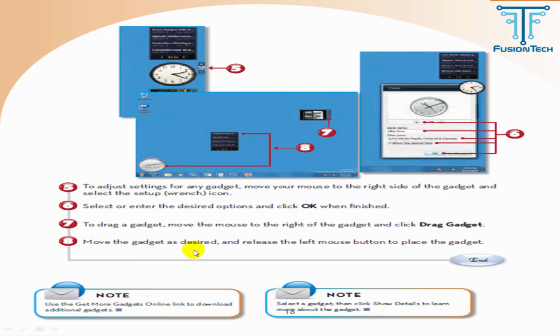Move the gadget as desired and release the left mouse button to place the gadget. Note, this is a special note: use the Get more gadgets online link to download additional gadgets. Select a gadget, then click Show details to learn more about the gadget.